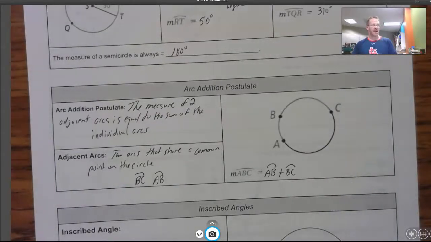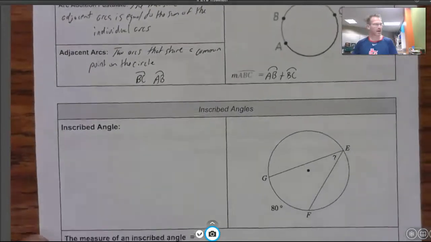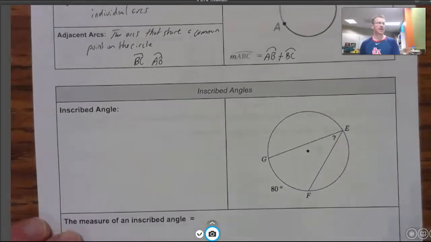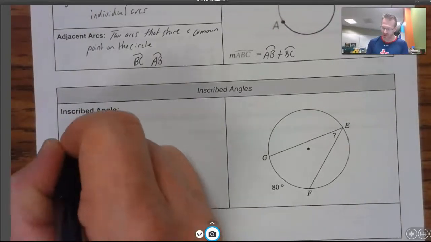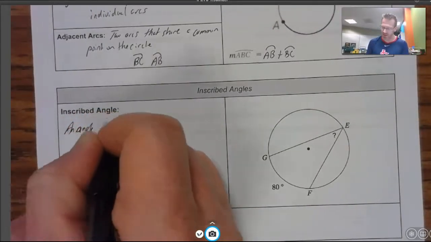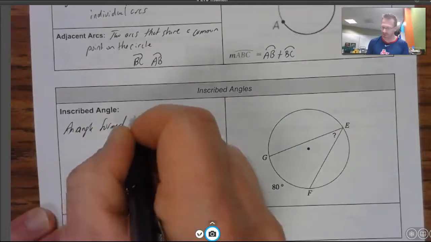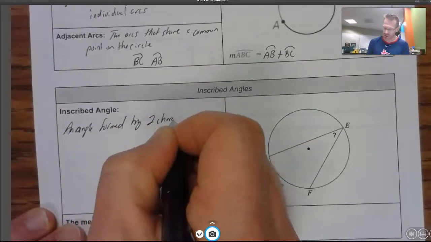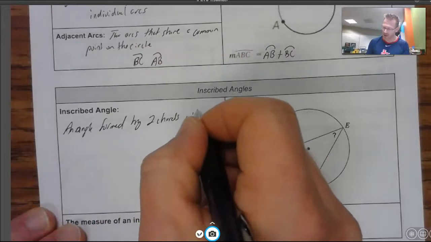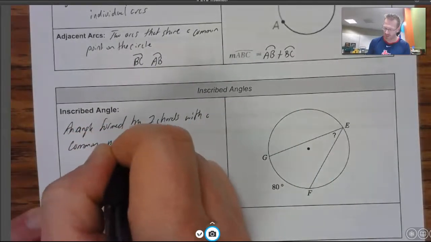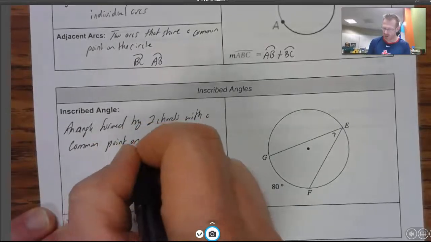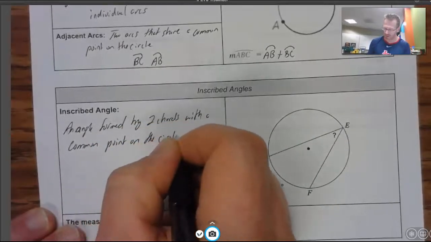The next type of angle we're going to talk about is an inscribed angle. An inscribed angle is an angle formed by 2 chords with a common point on the circle.